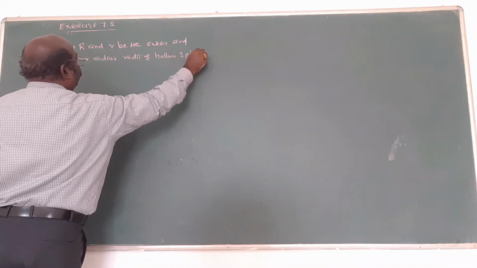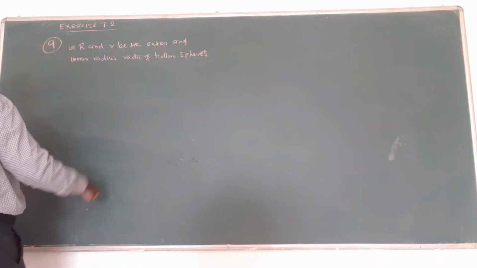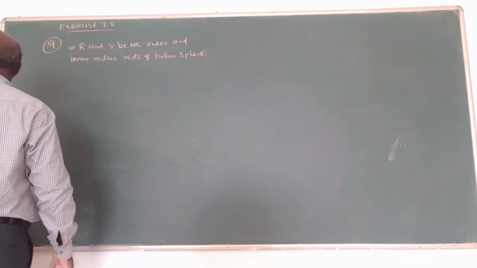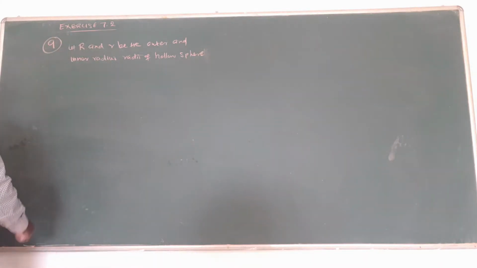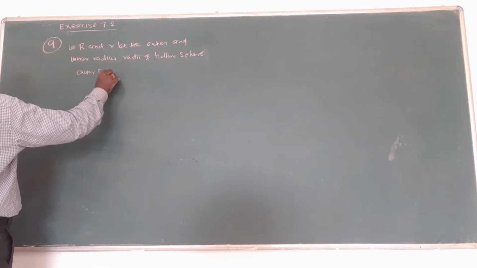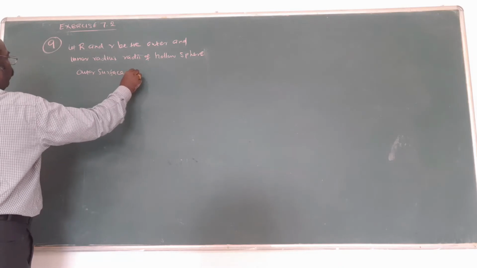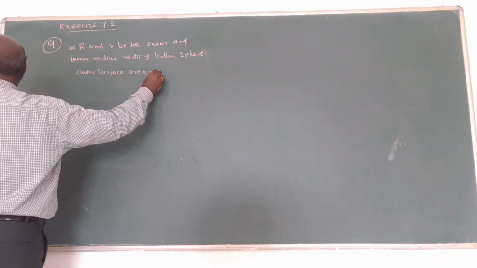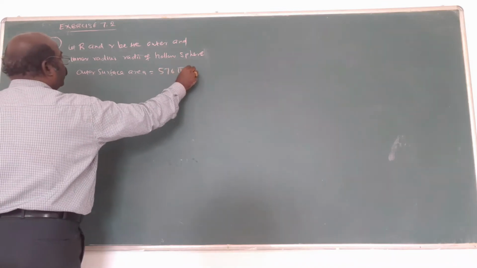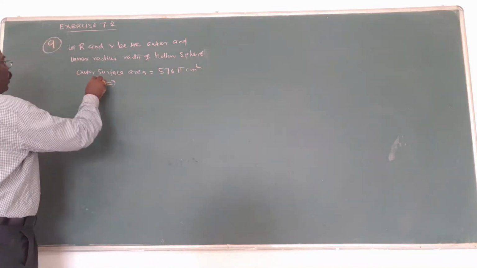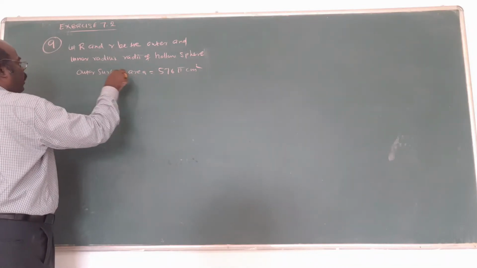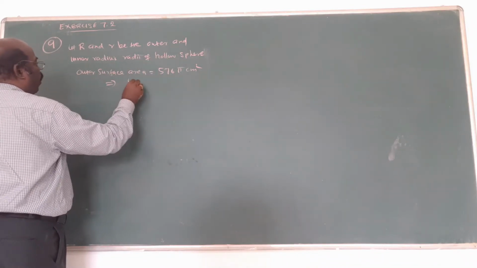That is important. Now, what is given? Outer surface area is clearly given: 576 pi centimeter square. The outer surface area of the hollow sphere.